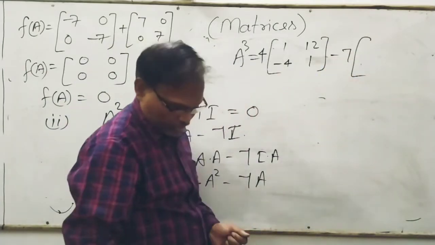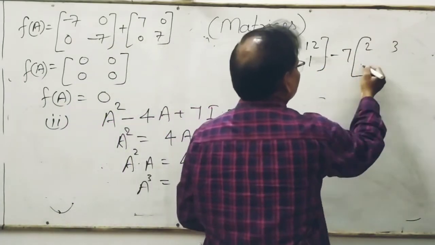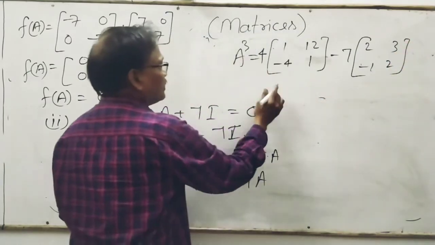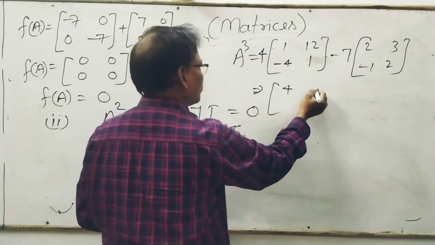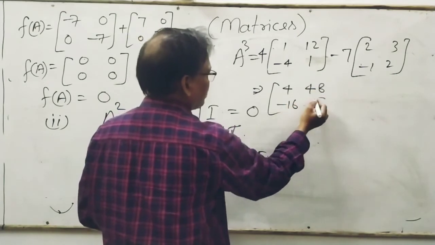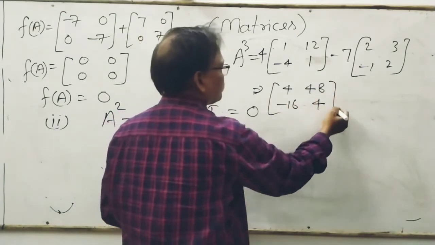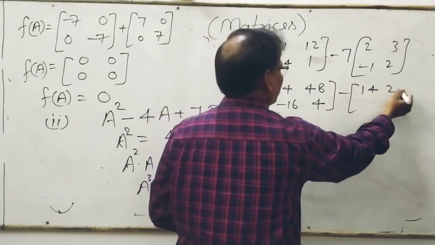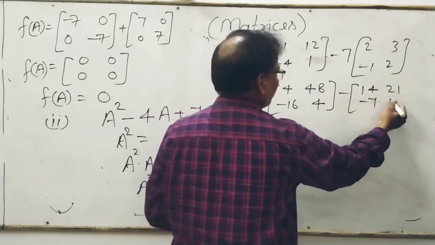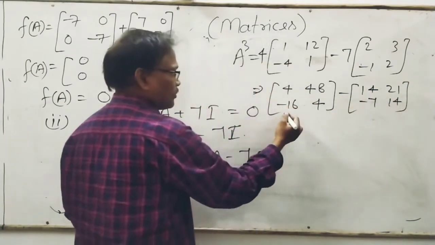Only you put the value of it, 2 3 minus 1 2. Then simplify this one. 4 you multiply here, 4 48 minus 16 and then 4, minus 14 21 minus 7 and 14, and then subtract.